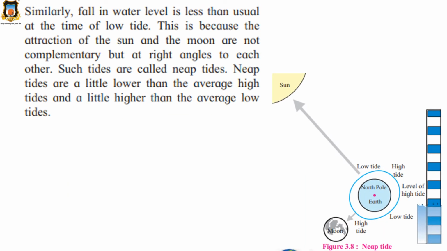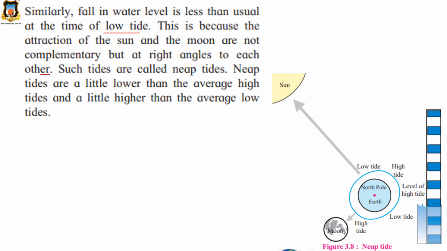Similarly, fall in water level is less than usual at the time of low tide. This is because the attraction of the sun and the moon are not complementary but at right angles to each other.